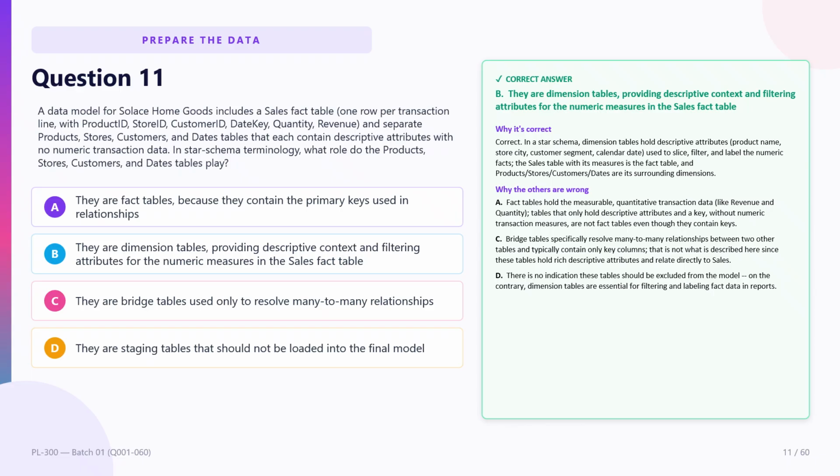C. Bridge tables specifically resolve many-to-many relationships between two other tables and typically contain only key columns. That is not what is described here, since these tables hold rich descriptive attributes and relate directly to sales. D. There is no indication these tables should be excluded from the model. On the contrary, dimension tables are essential for filtering and labeling fact data in reports.